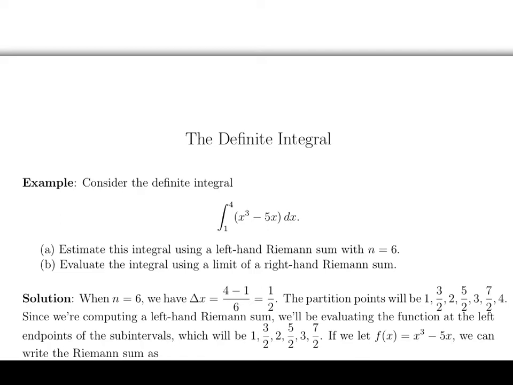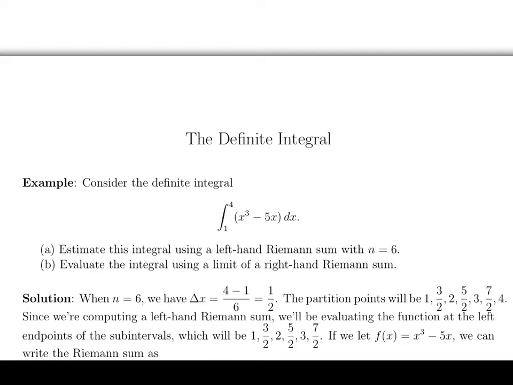Let's deal with part A, where we're going to do this estimation. When n is equal to 6, we've got a value of delta x. It's (4 minus 1) over 6. Remember that this is (b minus a) over n, where b and a are the upper and lower limits of integration. So that gives us a delta x equals 1/2, and that tells us what our partition points are.